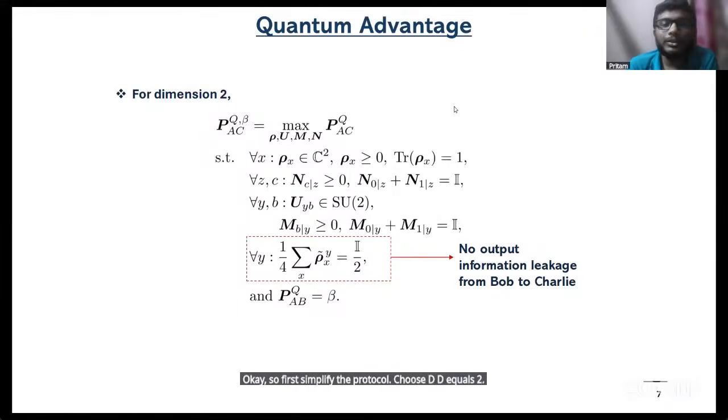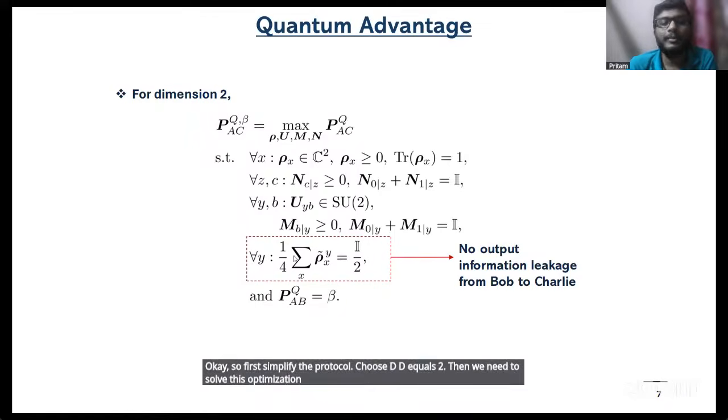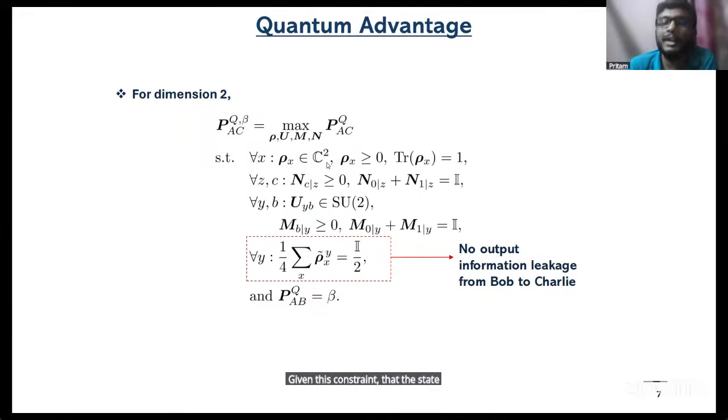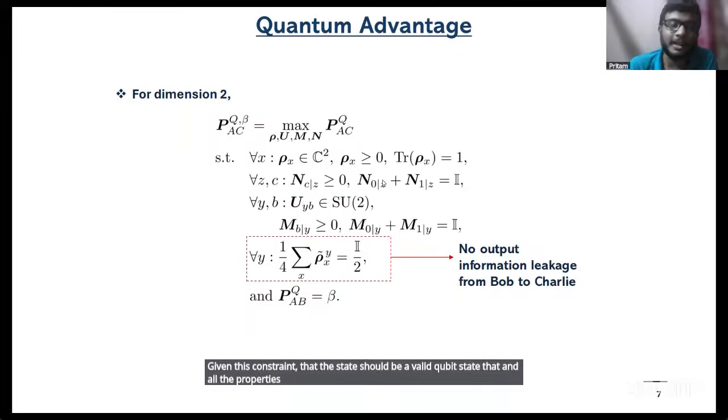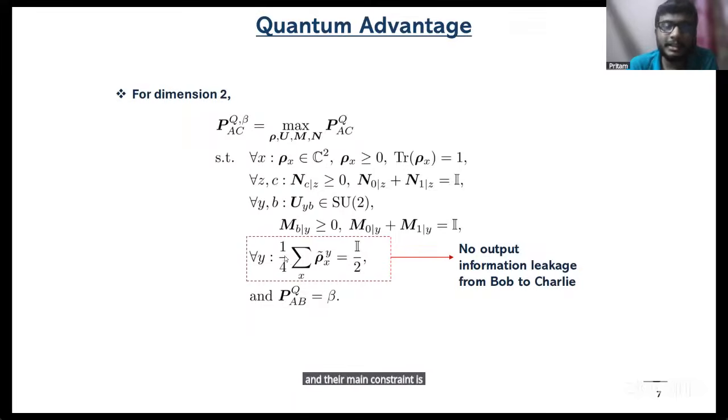Then we need to solve this optimization problem. You can see that for a given value of success of Alice and Bob, let's say beta, we can always optimize Alice and Charlie's success given the constraint that the state should be a valid qubit state, following all the properties a state should follow. And the main constraint is this one: 1 by 4 sum over x of rho tilde_xy equals identity by 2.